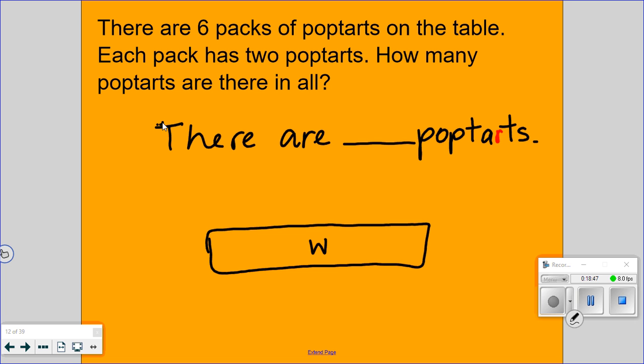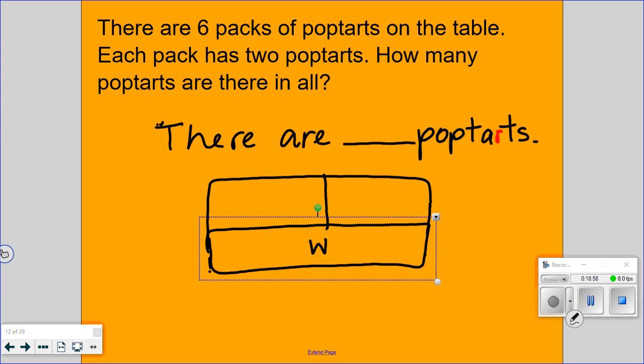I'm going to go ahead and draw 6 boxes for my 6 packs. Actually, what I'm going to do is I'm just going to put my bar and then chop it up like this. I made 6 boxes. Why am I making 6 boxes? Mason, do you know why I'm making 6 boxes? 6 packs.